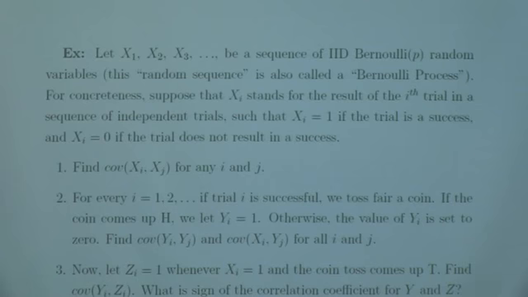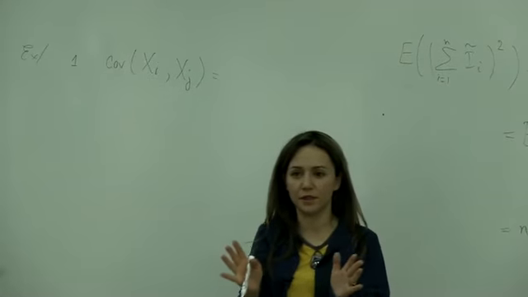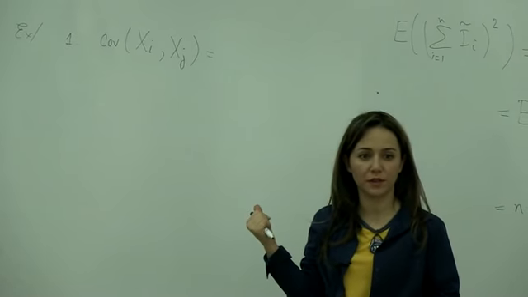The first question is to find the covariance of x sub i and x sub j for any i and j. Okay? So number 1, find the covariance of x sub i and x sub j. Okay? There are two cases here. When i is equal to j, what is the covariance?